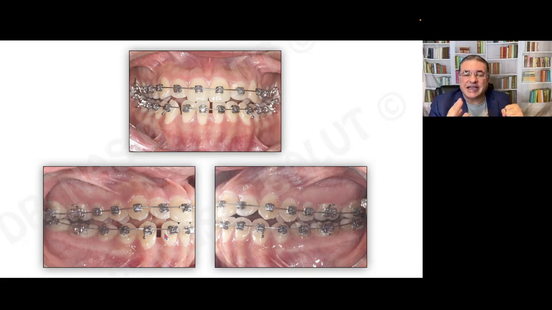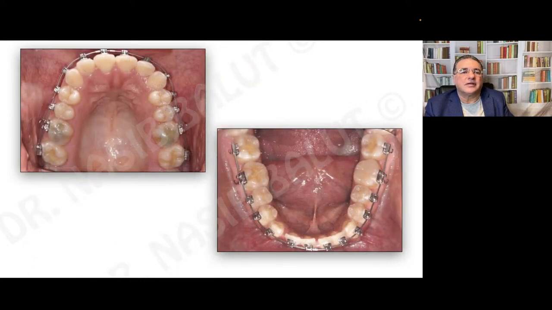First, she didn't have crowding. This is slight distalization of the lower quadrants. Look at the bite turbos. With the open coil, we made space. We start leveling and aligning. And look in the lower arch.